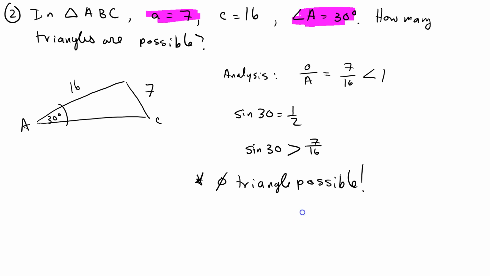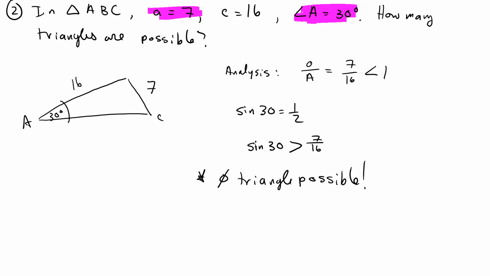If we mistakenly went in here using our sine law, sine of 30 over 7 equals sine of C over 16.